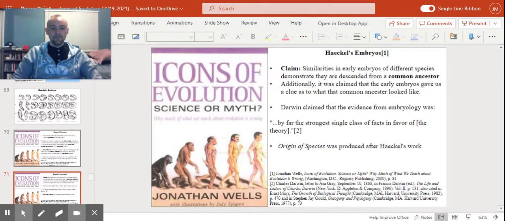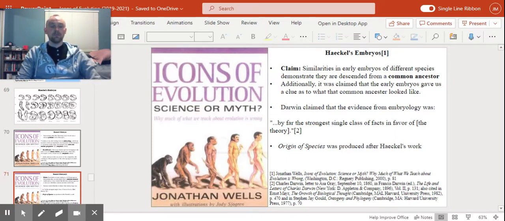Now, the claim, as I've said, is that similarities in early embryos of different species demonstrate that they are descended from a common ancestor. Additionally, it was claimed that the early embryos gave us a clue to what that common ancestor looked like.